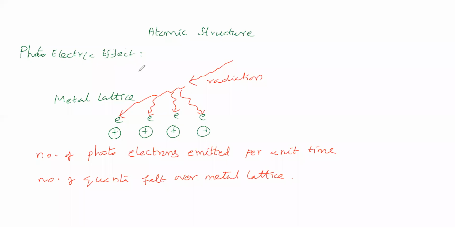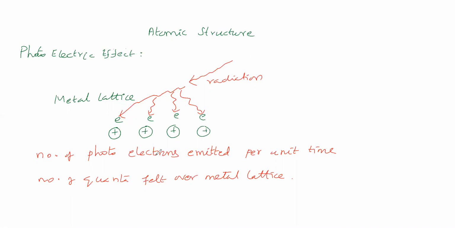Now, if a quantum is striking this electron, then this electron will absorb this quantum and it will come out, isn't it? So, the number of quanta falling over the metal lattice and the number of photoelectrons emitted, what is the relation?